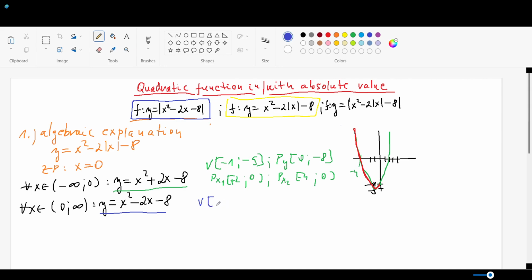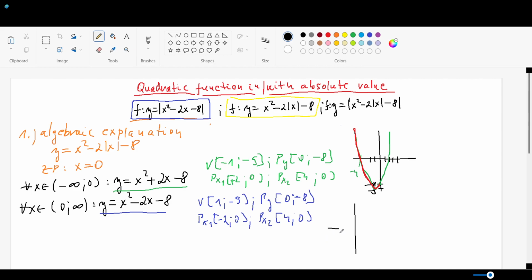And now let's have a look at the second quadratic function. The vertex is 1 and negative 9. We already know why. Py is 0 and negative 8. Px1 is equal to negative 2 and 0, and Px2 is equal to 4 and 0.